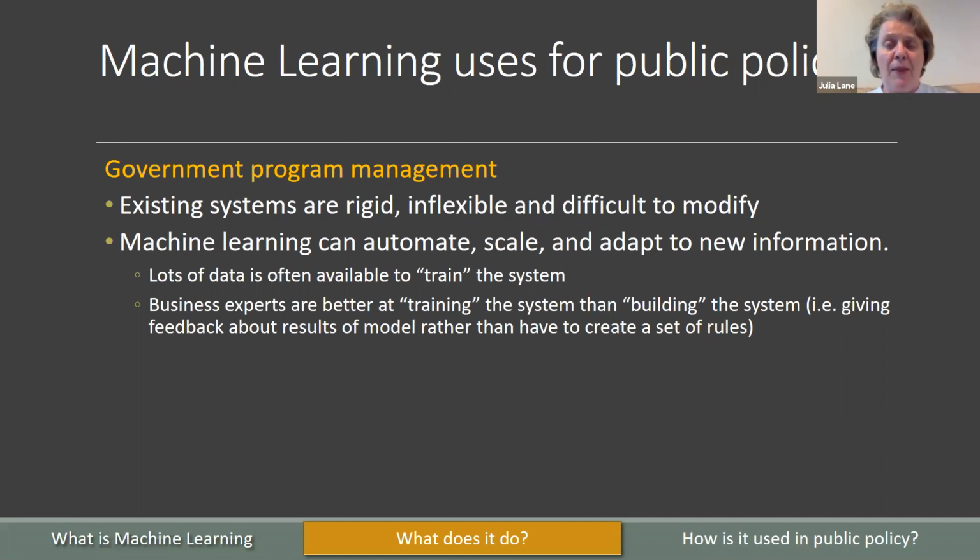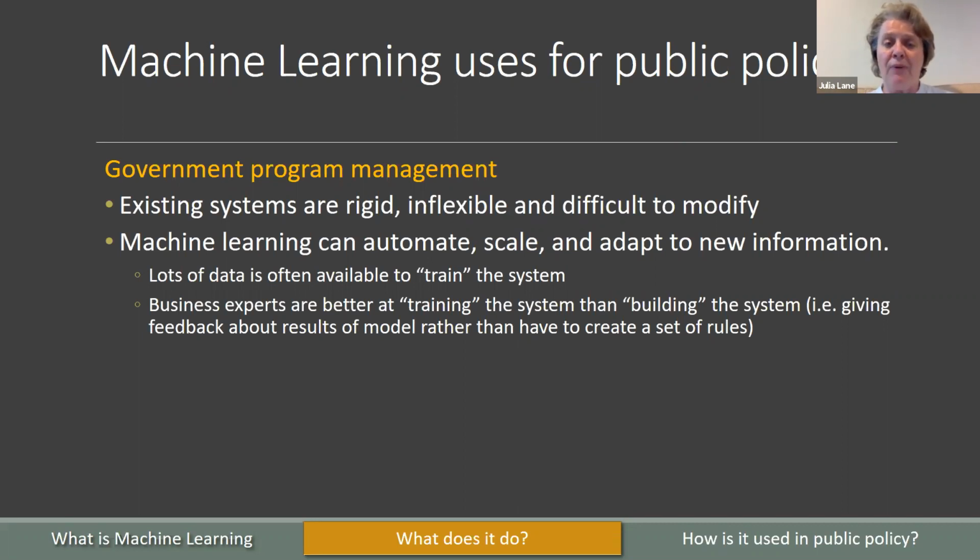And the good thing about that is if you were to try and get a domain expert, like someone who is running a workforce program or a TANF or a SNAP program, trying to get them to sit down and write down a bunch of rules that are going to change anyway is A, not a good use of their time, and B, there are maybe too many rules for them to write down.